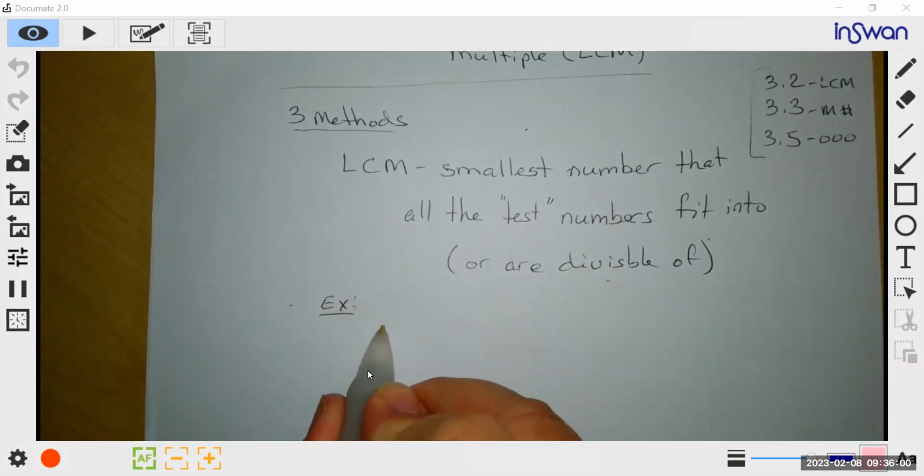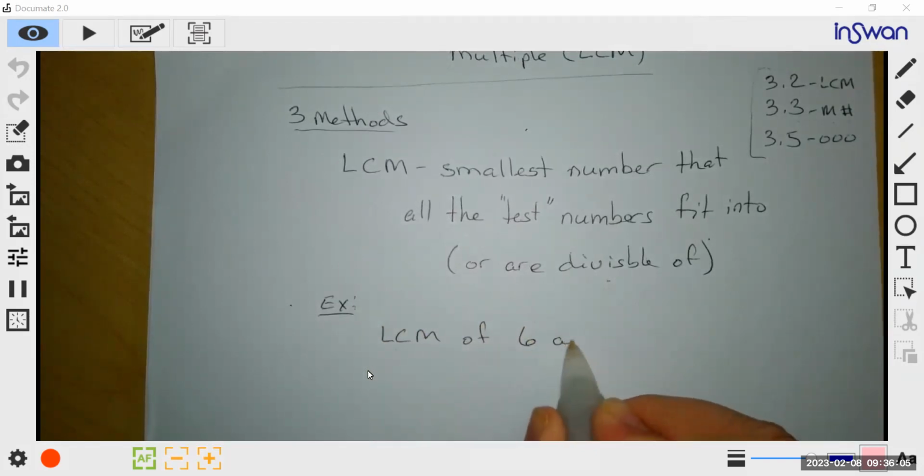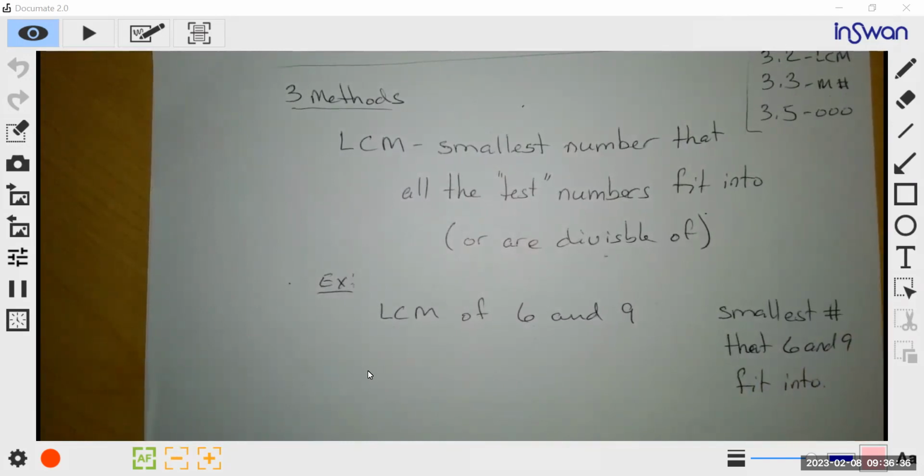Example. LCM of 6 and 9. So what that's asking, what's the smallest number that 6 and 9 both fit into? The smallest number that 6 and 9 fit into. 6 doesn't fit in 3.